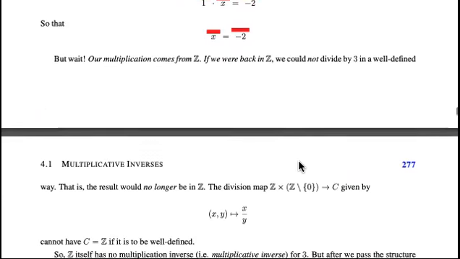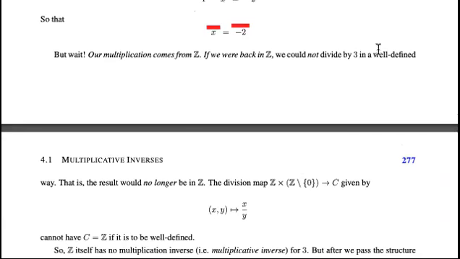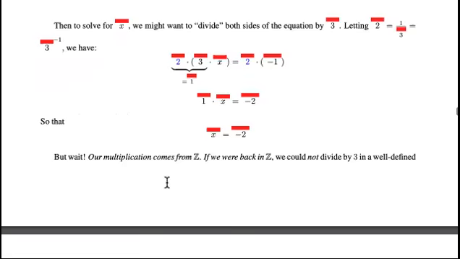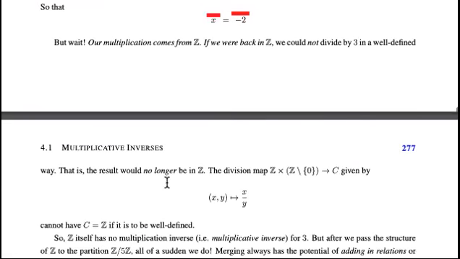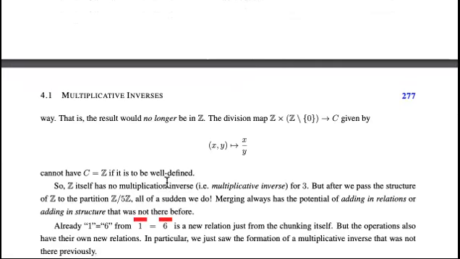Okay, so we can't really divide by 3 in Z, right? But it's funny because when we do this merge on Z, we all of a sudden can divide by 3. Dividing by 3 now is the same thing as multiplying by 2. So kind of interesting that all of a sudden by merging, we've actually added structure in, so we can have multiplicative inverses all of a sudden.